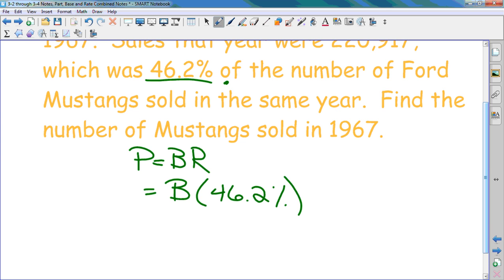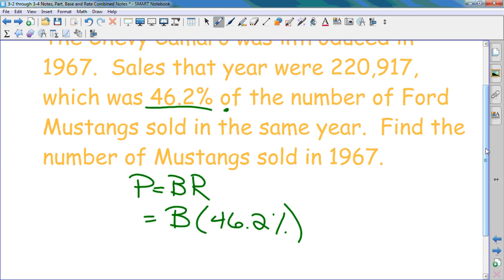46.2 is what? Yeah, the number of Camaros sold. 46.2% is the number of Camaros sold, which is 220,917. Sorry about that.